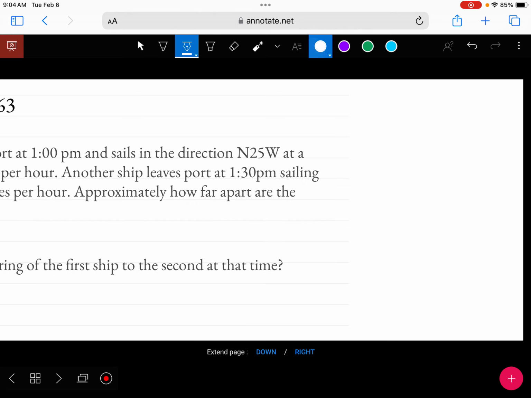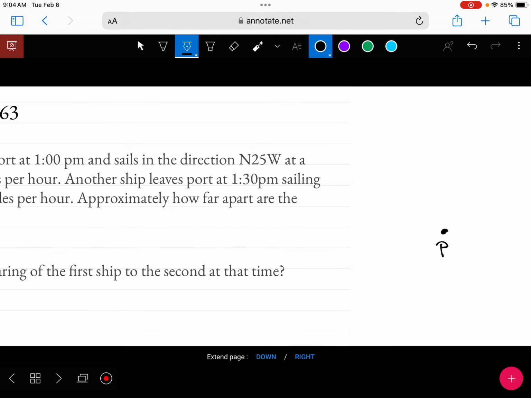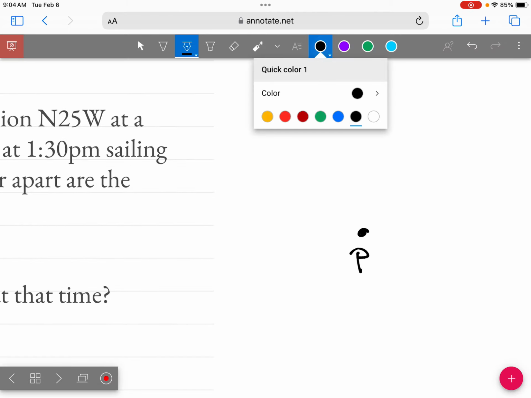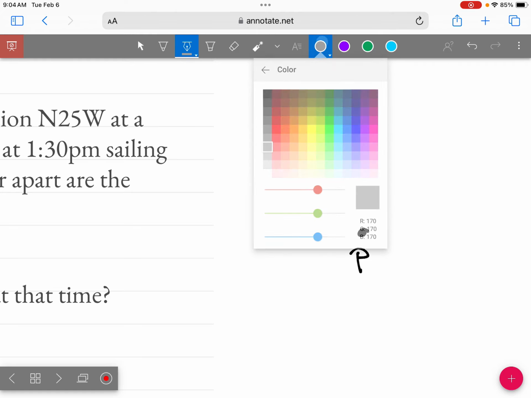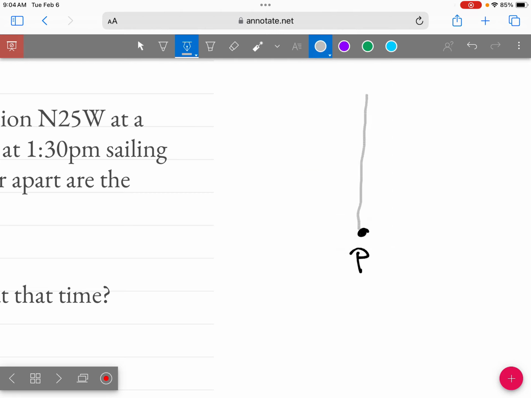So we're going to start with drawing our picture. I'm going to come over here. I've got my port, which I'm going to label as a point P. And we're going to give ourselves a little vague north-south here so that I can place my other boats.